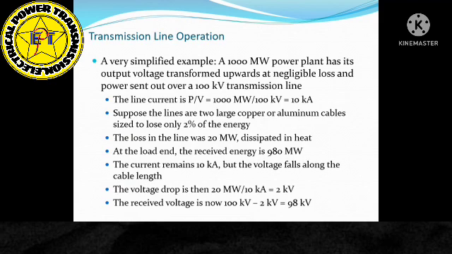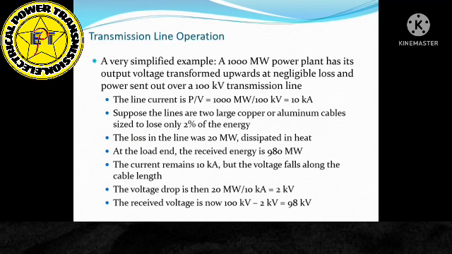A 1000 megawatt power plant has its output voltage transformed with negligible loss and power sent out over a 100 kV transmission line. So the capacity of your power plant is 1000 megawatt and it is transferring that power through a transmission line of 100 kV.